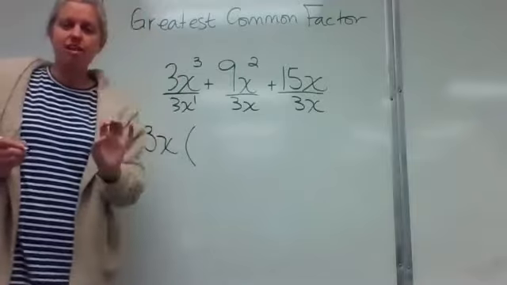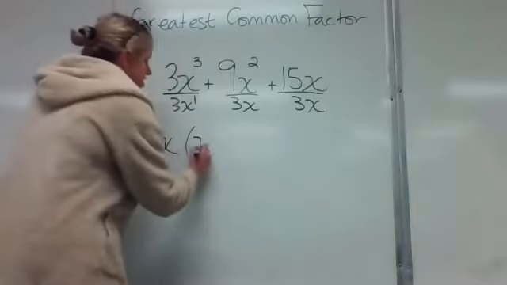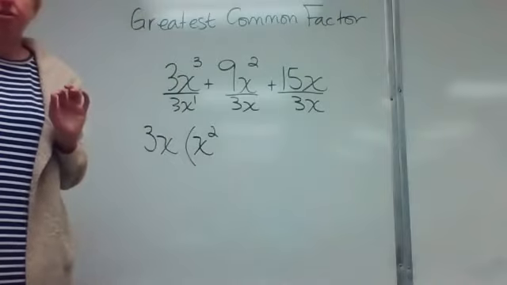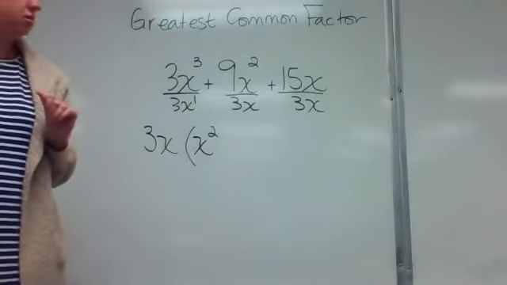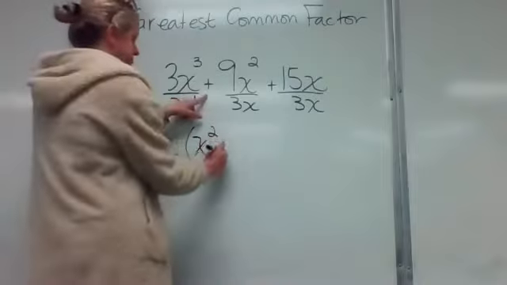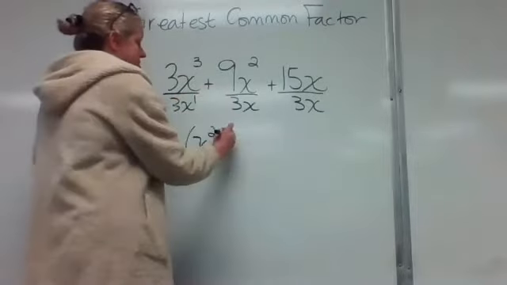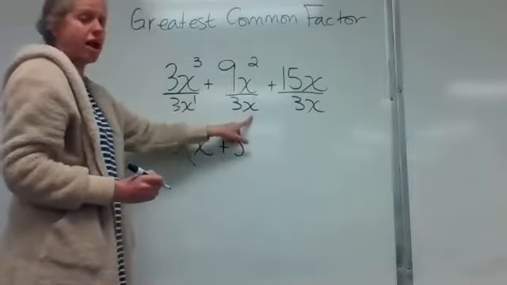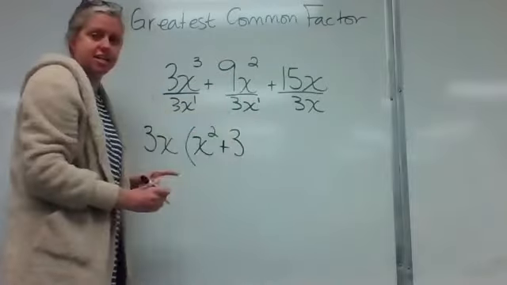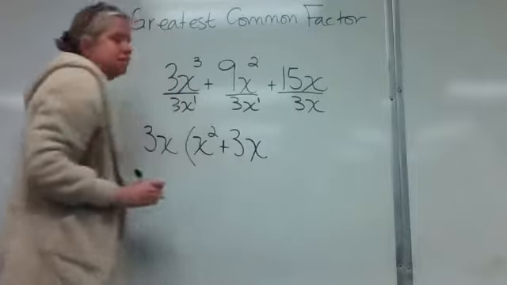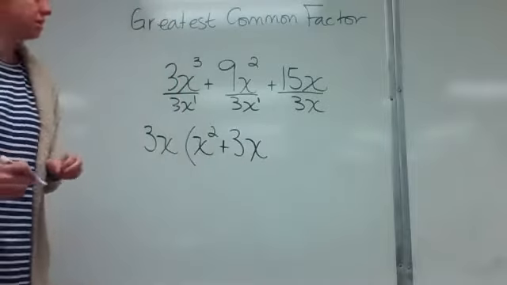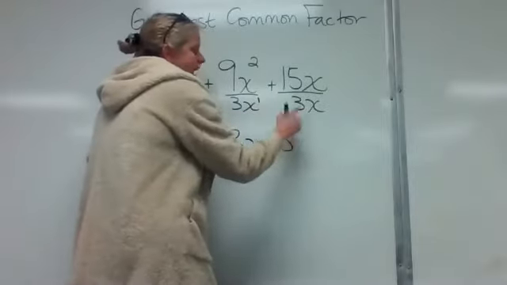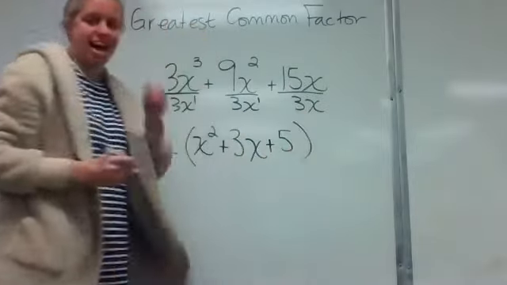So if I subtract those exponents, I see that I still have x squared left there. Plus 9 divided by 3 gives me 3. I had an x squared, but I pulled out an x, which means I still have an x. Plus 15 divided by 3 gives me 5, and I pulled out that x.